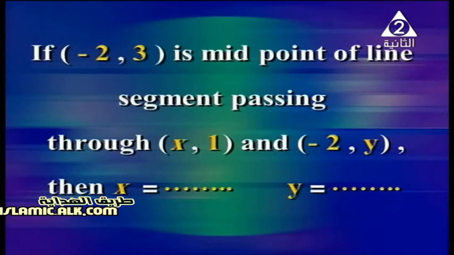So we can say that (-2, 3) equals ((x plus -2) over 2, (1 plus y) over 2). Here you have two ordered pairs equal.